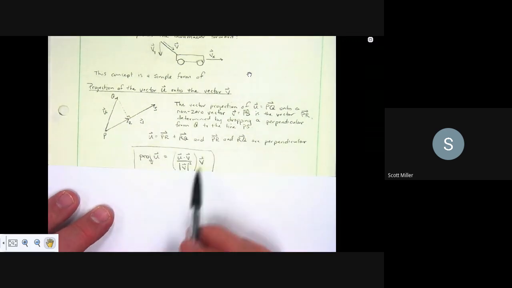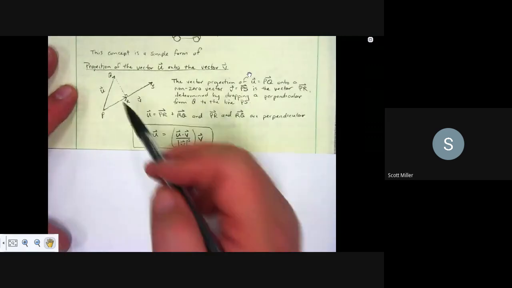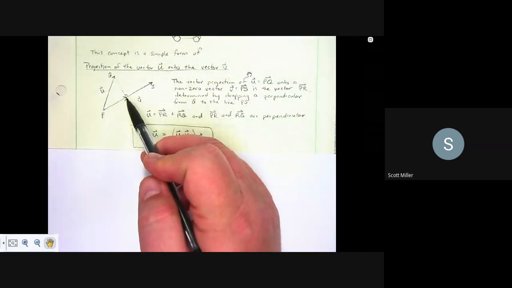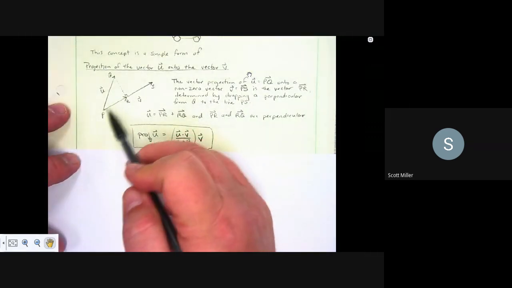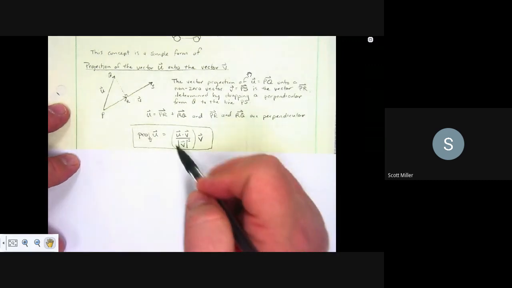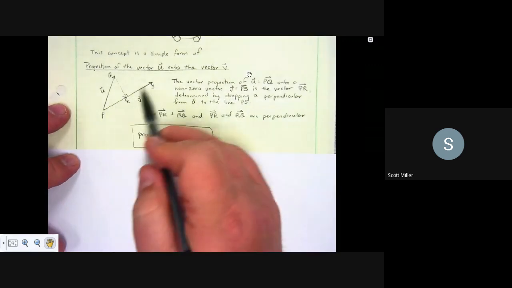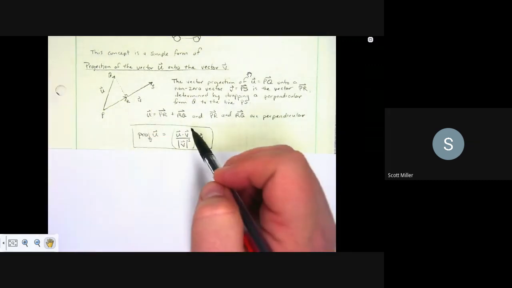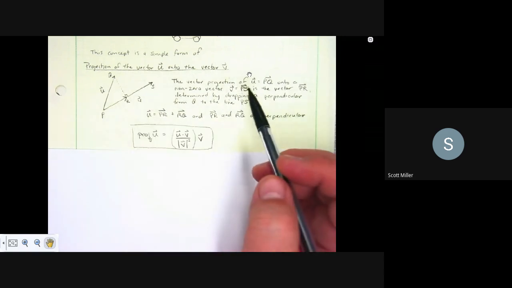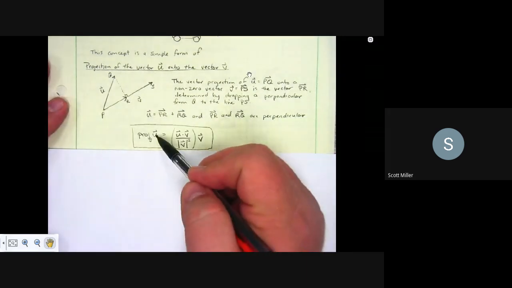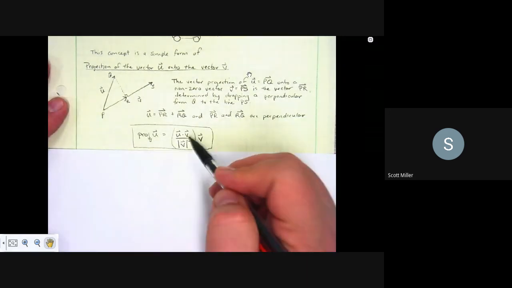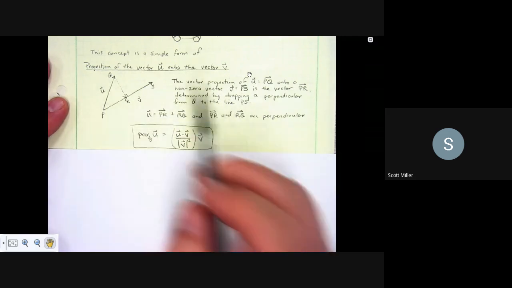And that's how I can find that value. So you can see that the length of this is a portion of this length. And so that gives me that relationship, that proportion, or that ratio, I should say. So the projection of u onto v can be found for this, and that's that little piece of that.